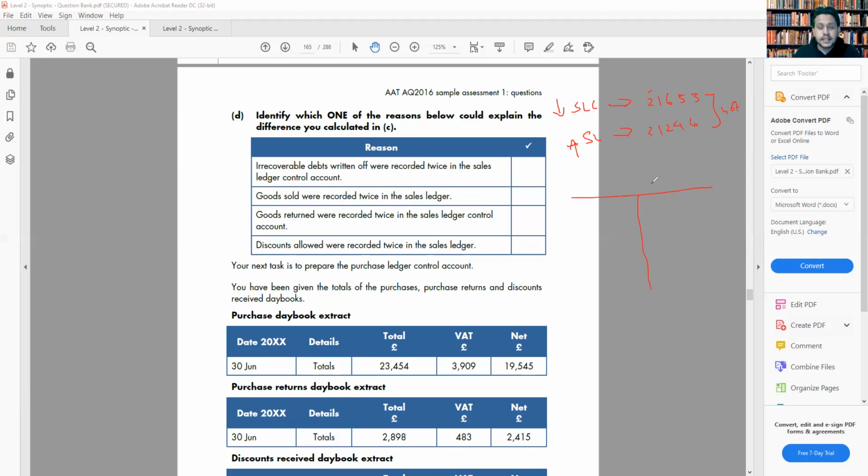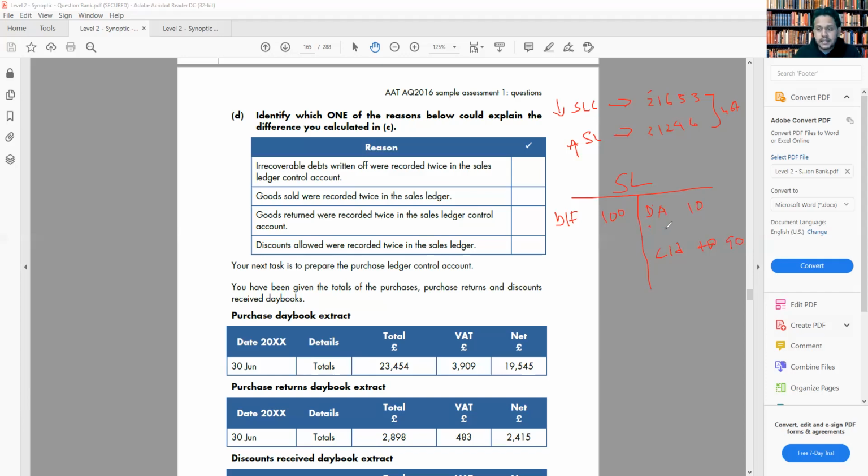So let's say this is my sales ledger. Let's say the opening balance is 100 and we have nothing else here, so the balance is 100. Now let's say we have a discount allowed of 10. If discount allowed is 10 here, my balance will be 90. It is going down, isn't it?